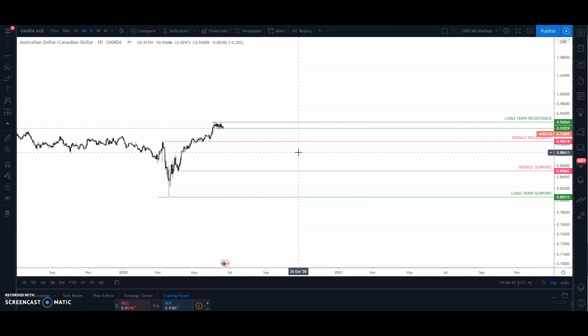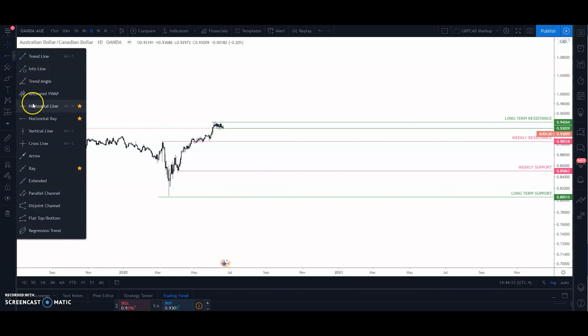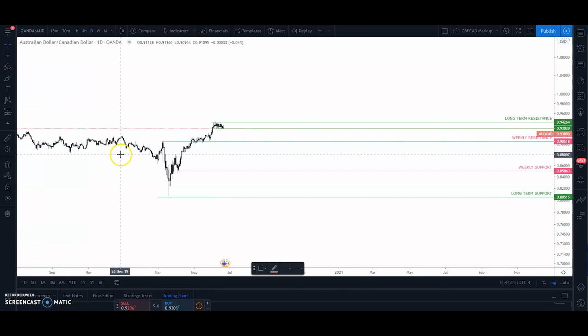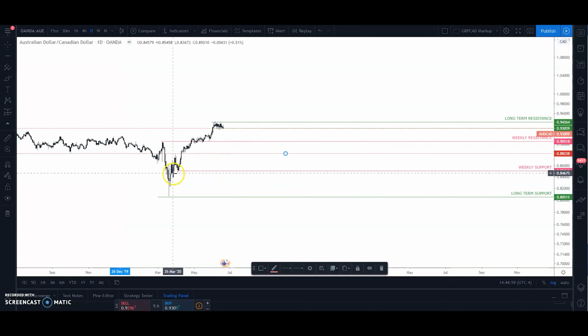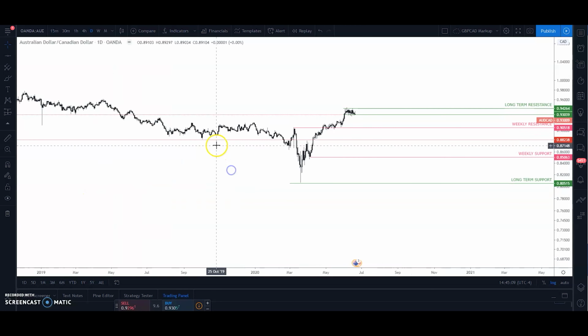I'm going to pick this area, and I'm going to put a horizontal line on it so you can see what I'm seeing. I chose this area because price is kind of sitting here, right? And then it actually tested this area but still reacted and went up. If I look left, price came down, touched this area, and reacted.